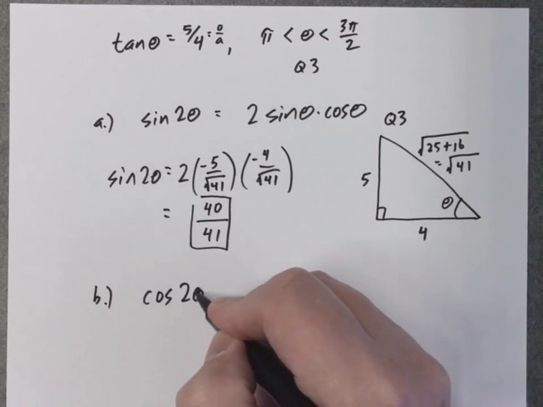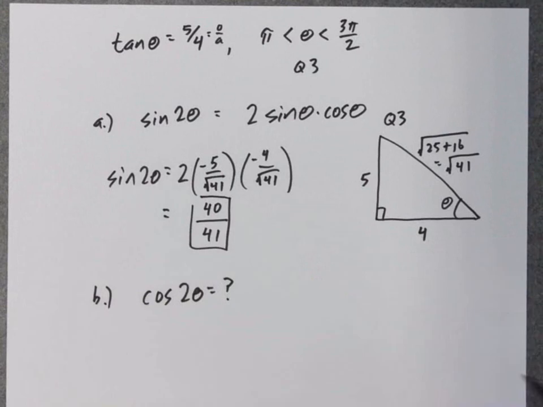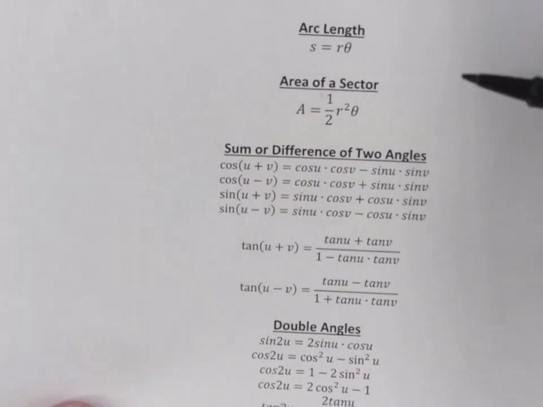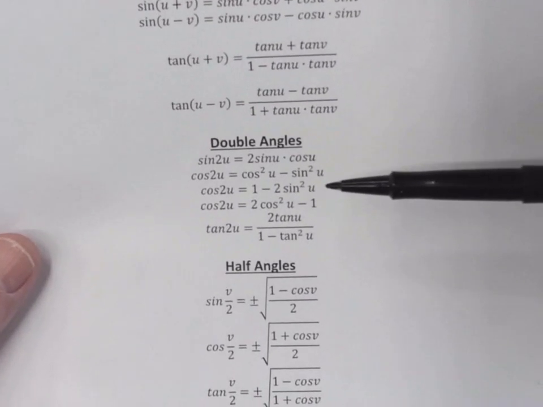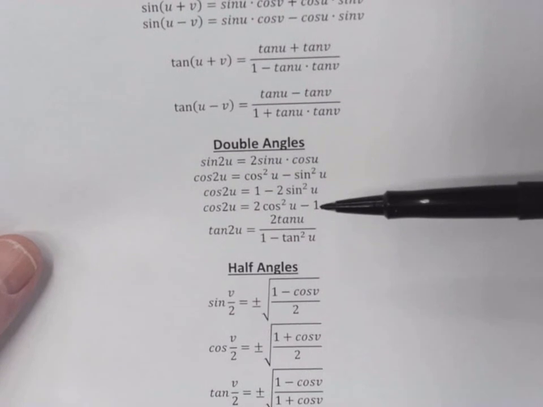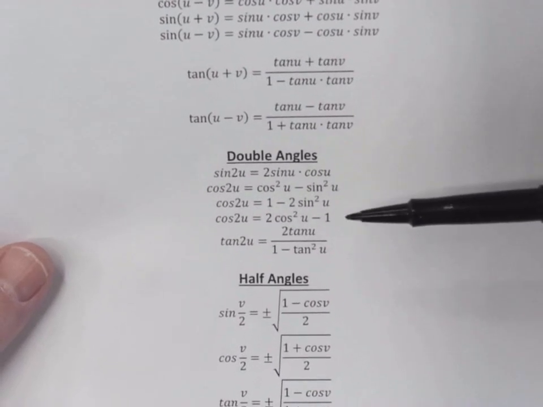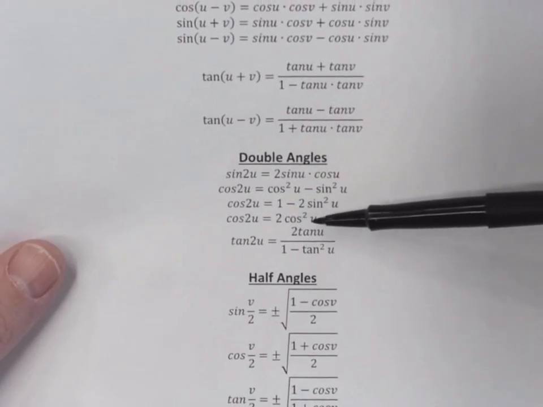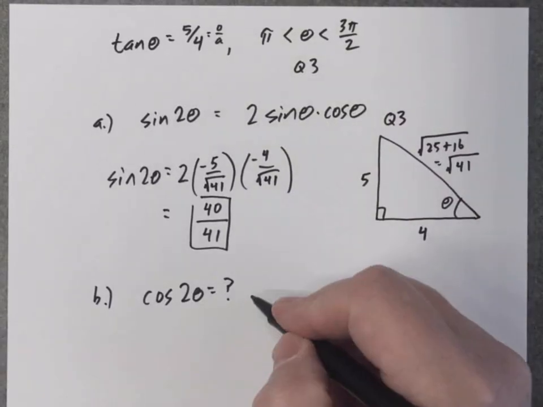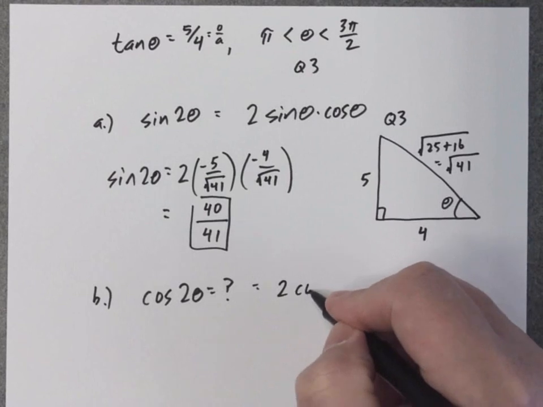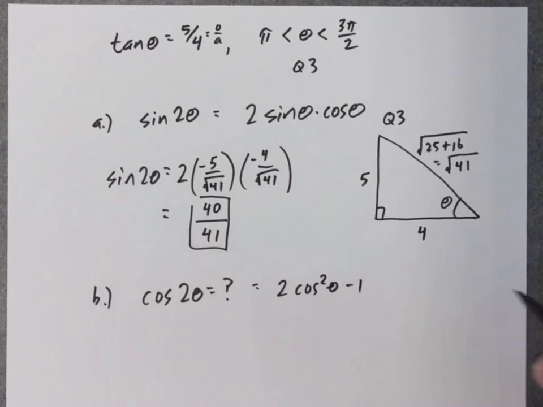Secondly, now they ask, what's the cosine of 2 theta? Now if you look at your formula sheet, this is the one where you have a choice. Actually, there's 3 possible formulas. You can use any one of them. I'll just do the third one down here: 2 cosine squared of theta minus 1.